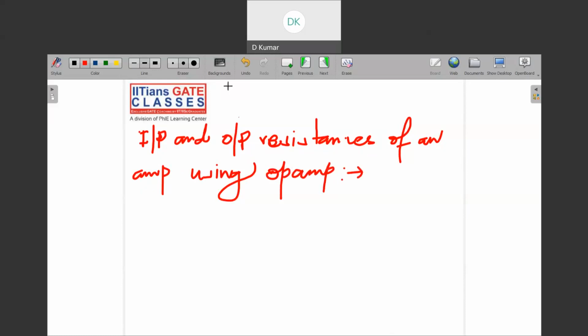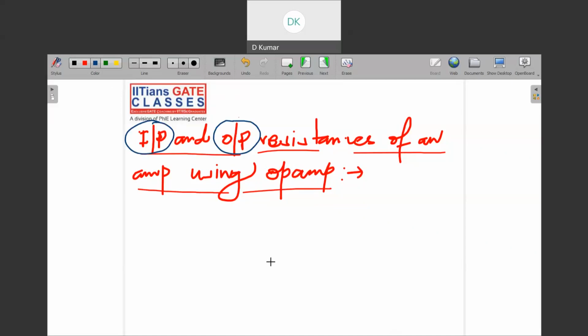The amplifier here is going to be the op-amp, and we have to find or determine its input and output resistance. Okay, input and output resistance.